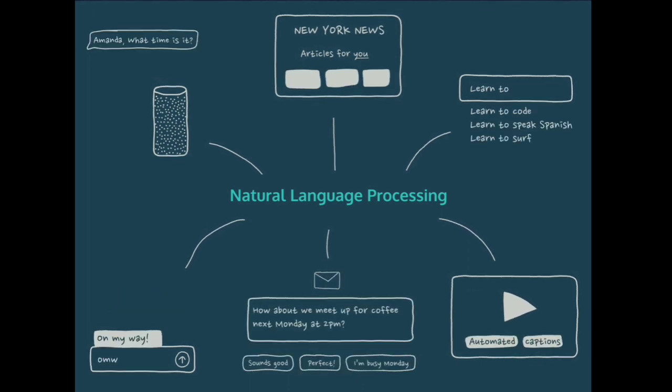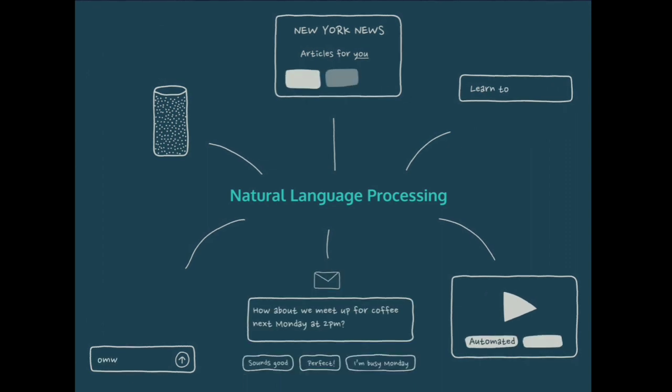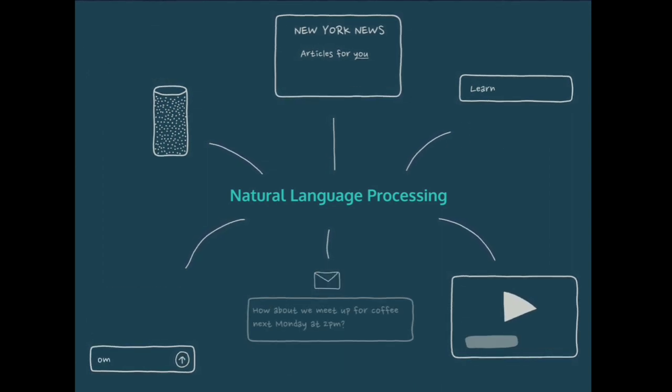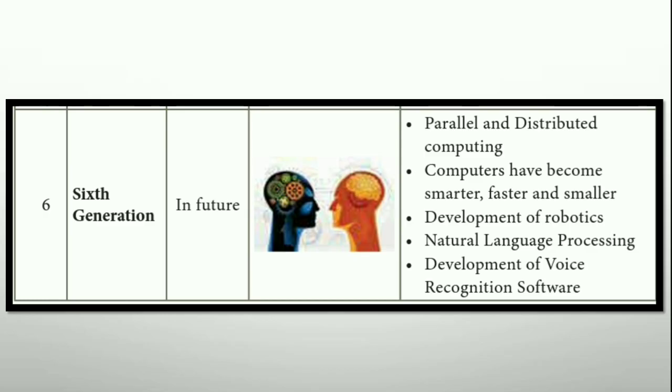You can talk to the device, it can understand your voice and language, and it responds back. This is what natural language processing is. And development of voice recognition software. Computers have become smarter, faster, and smaller.